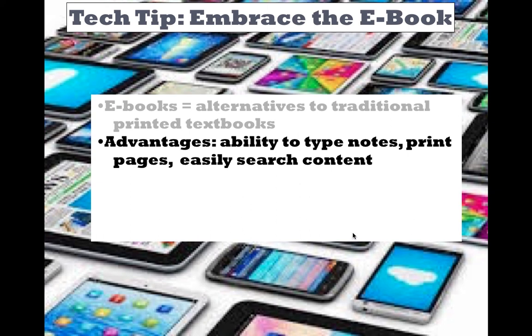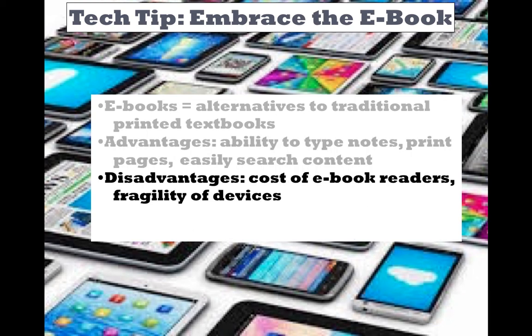Advantages: in these ebooks, you can type notes in them, you can print pages, you can easily search the contents. Now, disadvantages, of course, are the cost of ebook readers and how fragile they are as devices. I know I have an iPad Air, and it's very light, and I'm very careful with it. I actually have a Kindle, but since I've used my Air, I haven't used my Kindle in I don't know how long.